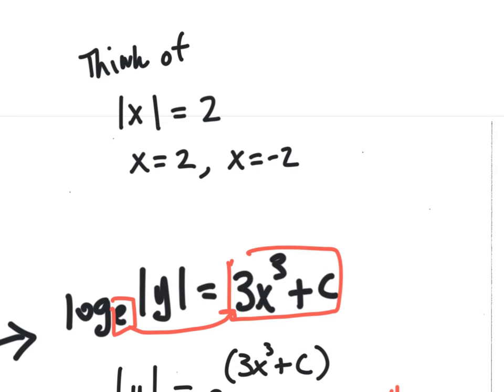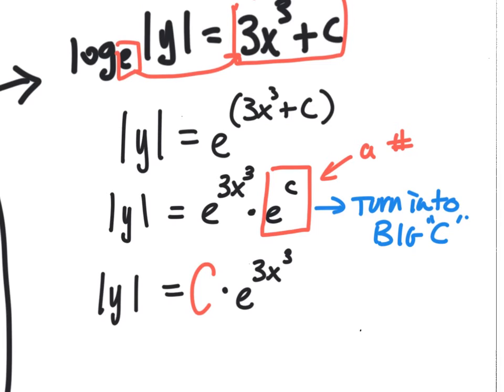So the same thing happens here. When I'm trying to isolate y and solve for y if it's in an absolute value, then I can say that y is equal to the plus or minus big C times e to the 3x cubed power, okay?